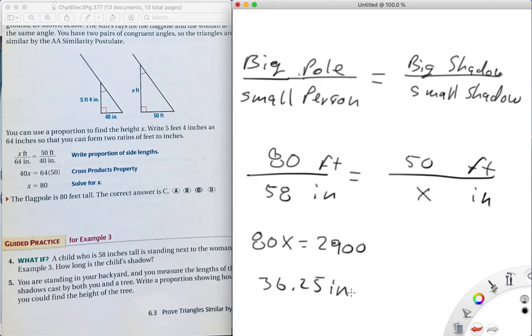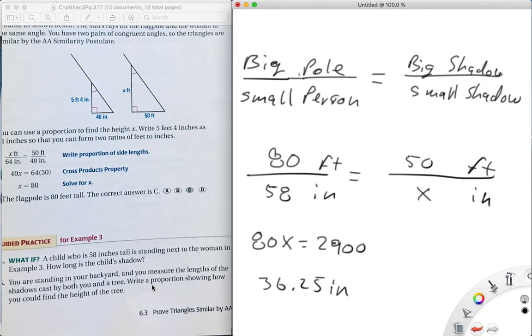And it says that you are standing in your backyard, and you measure the lengths of the shadows cast by both you and the tree. Write a proportion showing how you can find the height of the tree. So it's very similar to what the other problem did.